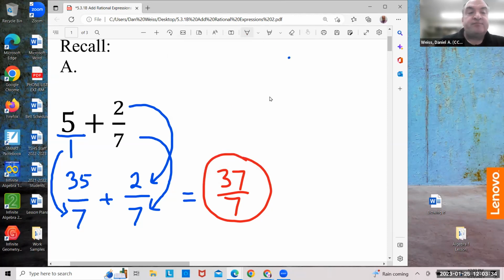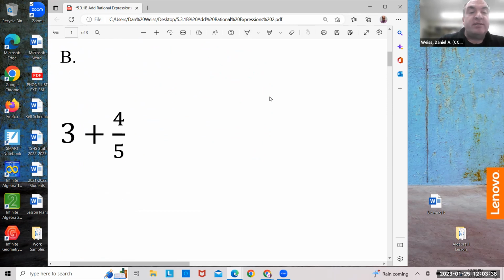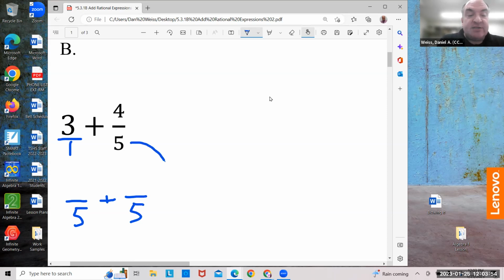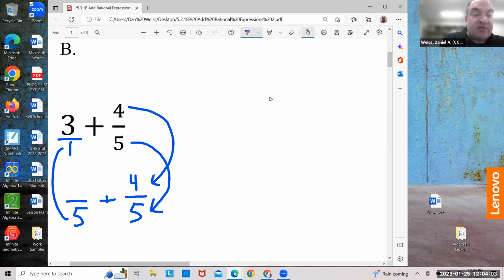Next. One more example like that. Once again, put 3 over 1. This time, what's your common denominator? It's going to be 5. Since this one doesn't change, this one doesn't change. 1 times what makes 5? 1 times 5 makes 5.